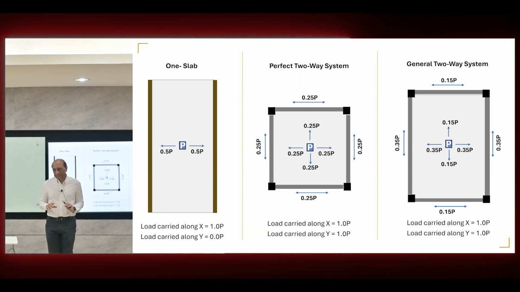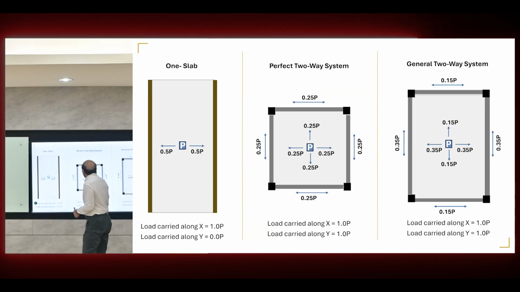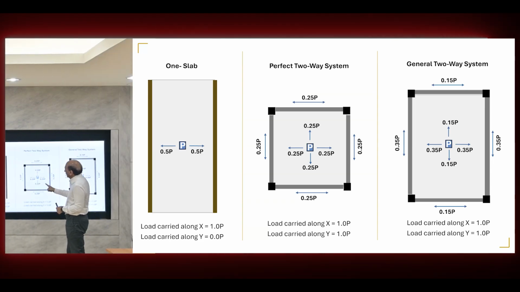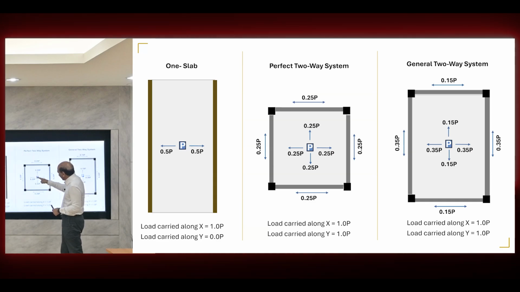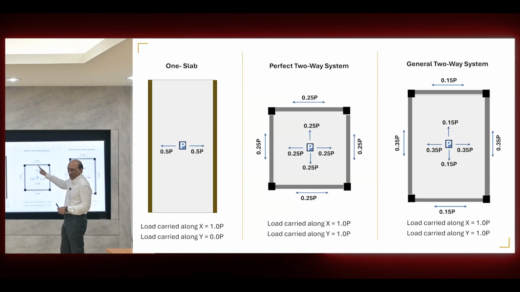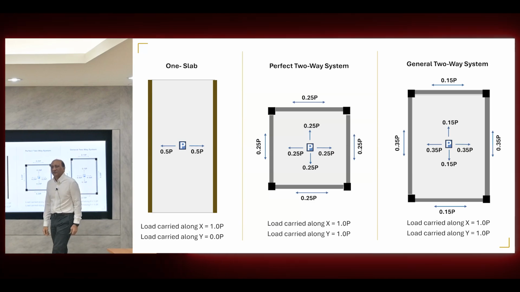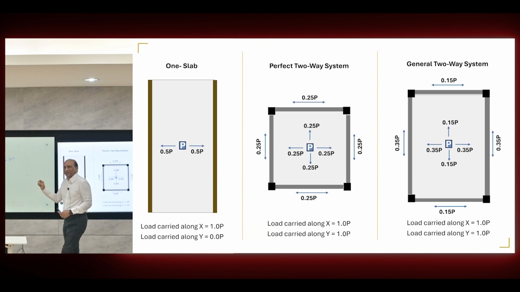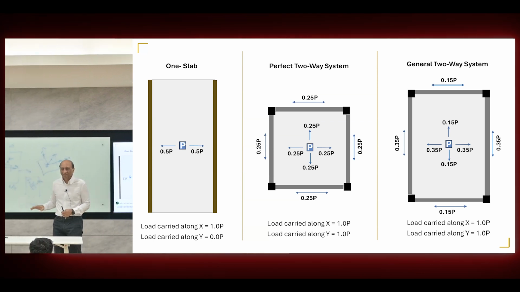Okay, so that's it. The second case is now a two-way square slab in which there are beams here and there are columns, there are no walls here. Now, in this case, the load is going to go 0.25 this direction, 0.25 here, 0.25 here, 0.25 here. If you add them all up again in the X and Y directions, you will find that you have 1.0 P total going in the X direction, 1.0 P total going in the Y direction.